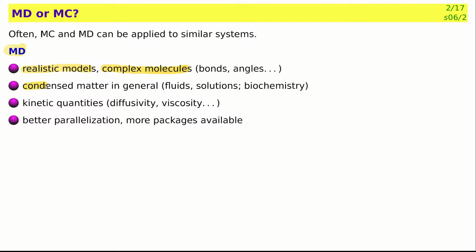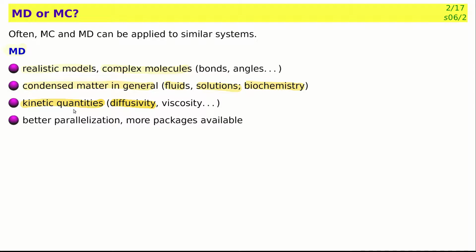In general, for condensed matter, it may be fluid solutions and biochemical applications, where our molecules are quite complex. From the technical point of view, molecular dynamics allows us to calculate kinetic quantities like diffusivity, viscosity, electric conductivity, heat conductivity, and so on.